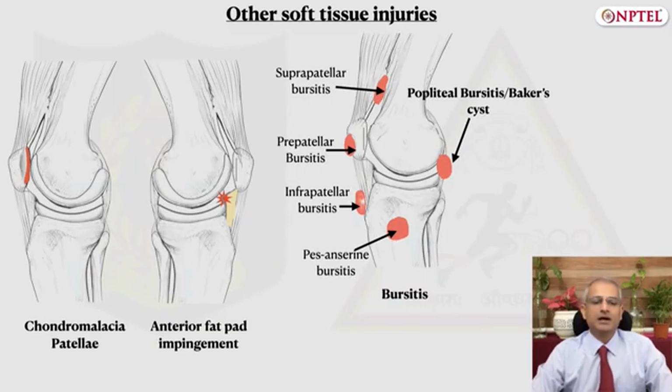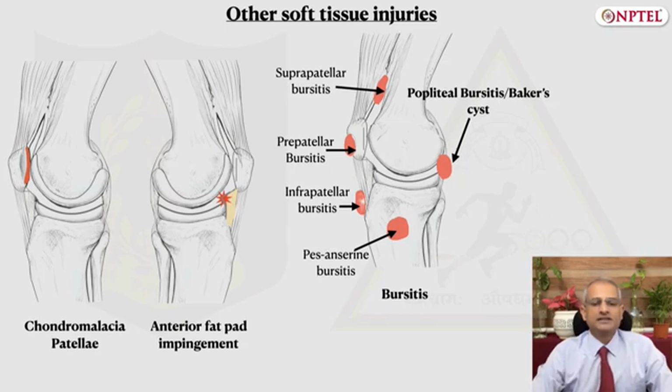In this, the patella does not slide smoothly over the trochlea, leading to abnormal stresses on the cartilage. Repetitive stresses from activities like running as well as direct injuries to the patella can contribute to this problem. Weak or tight muscles which balance the patella, leading to imbalances in the muscles supporting the knee, can also cause the patella to shift out of alignment, leading to degeneration of its cartilage.